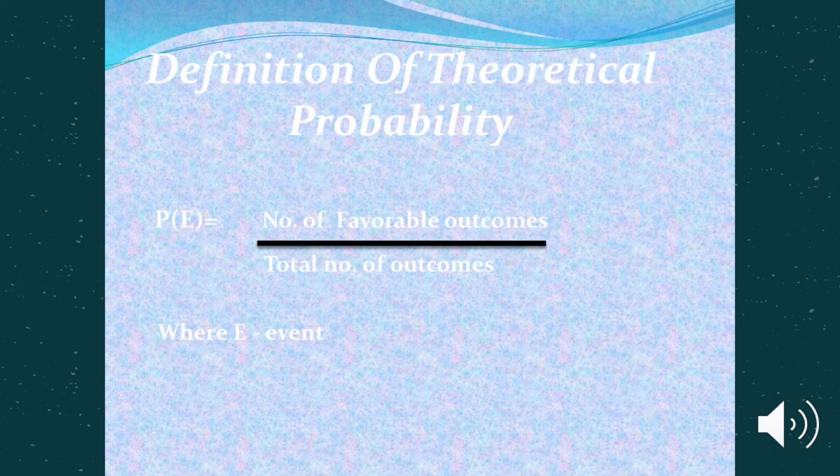Like in the case of a coin, if we ask what is the probability of getting a head, the number of favorable outcomes is 1 and the total number of outcomes is 2, because either you will get a head or you will get a tail. So the probability of getting a head is 1 by 2.